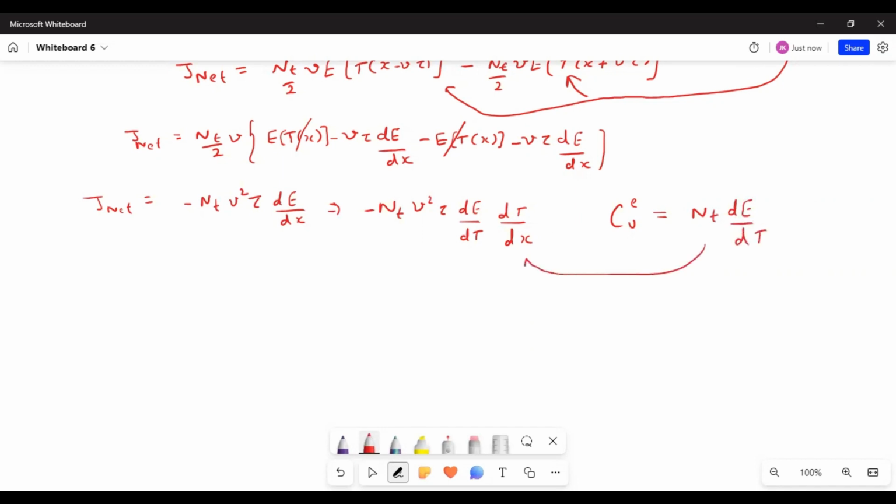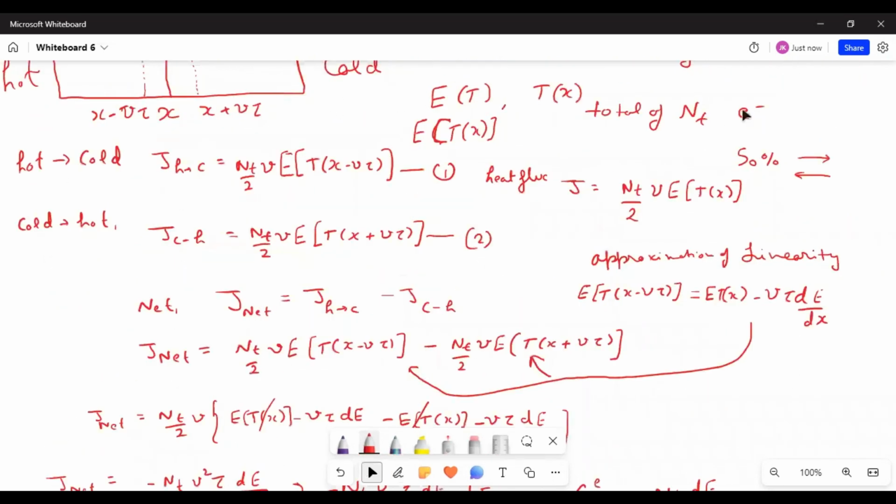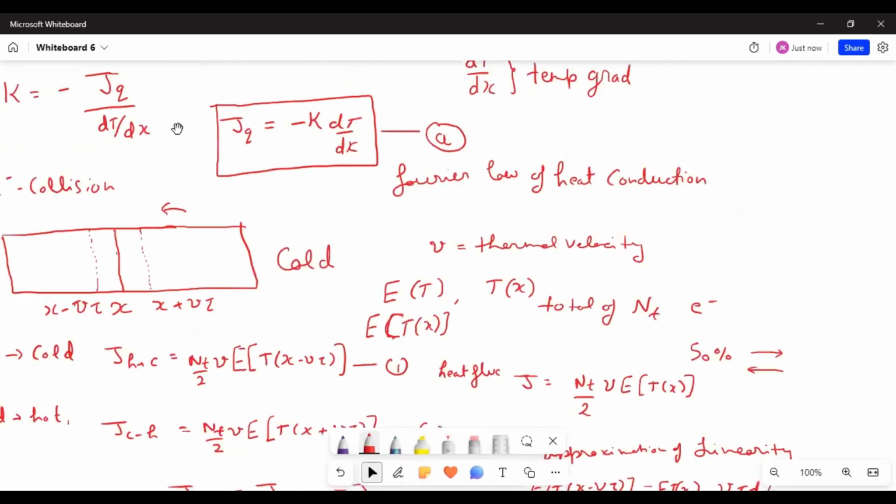If you put this into this expression, you will get J net equal to minus V square tau C_V dT by dx. So this expression B, if we compare with our previous expression A, they are very similar.